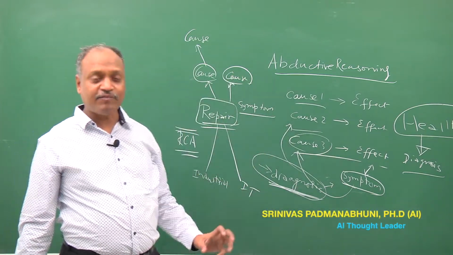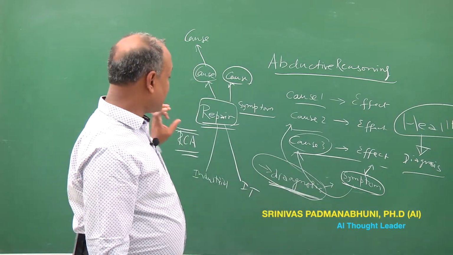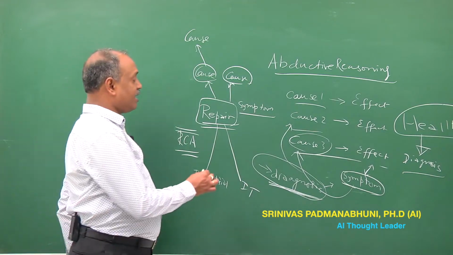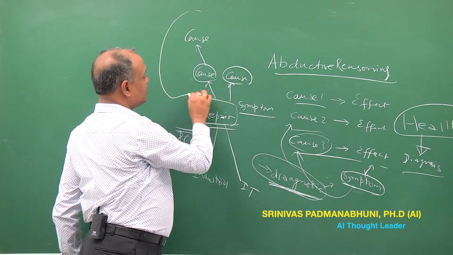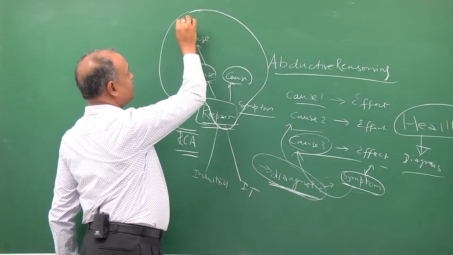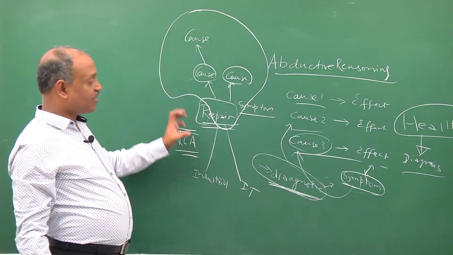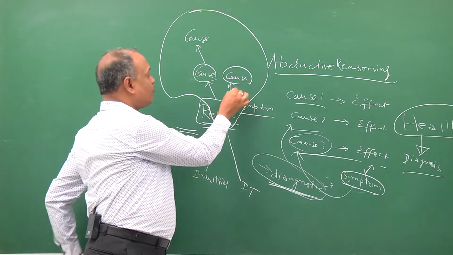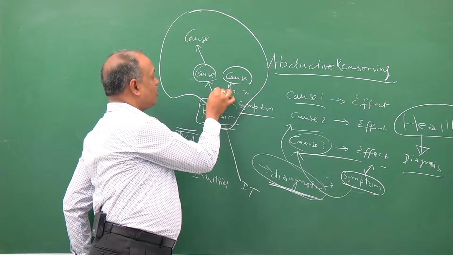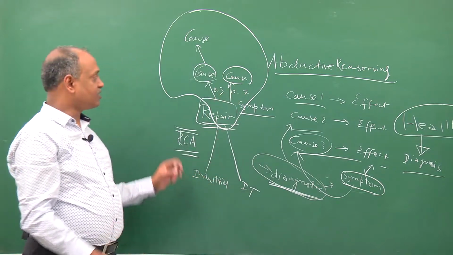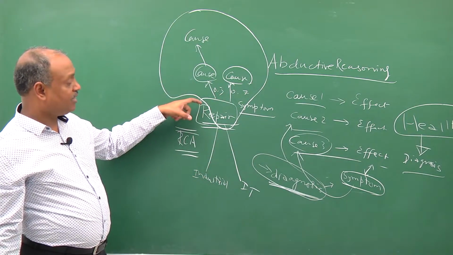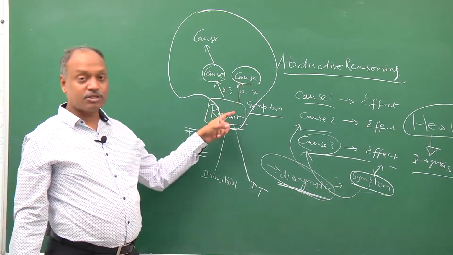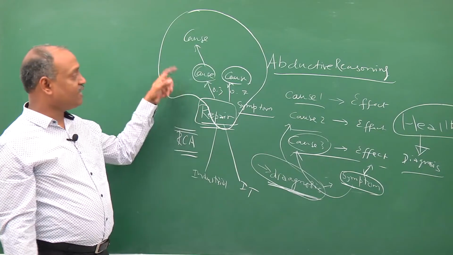So in case of abductive reasoning as applied to such kind of a scenario of AI-based system, we try to create a knowledge base which is something like this, where we create a network of cause-effect relationships where we try to trace the relative weight of each cause on each particular effect. For example, if you say cause 1 has 30% times causing this repair, or cause 2 has caused 70% of this repair, so we can have a network like this.